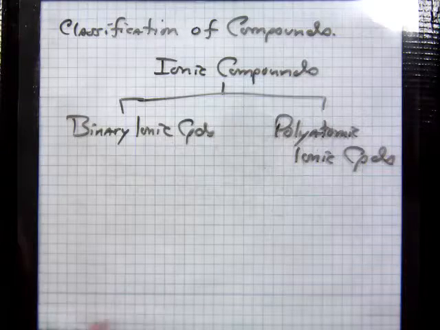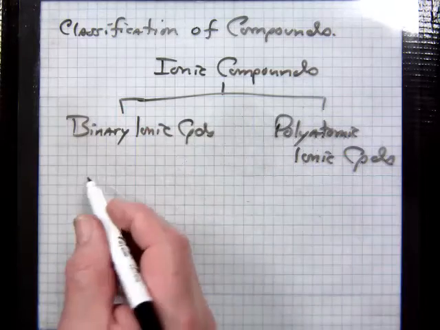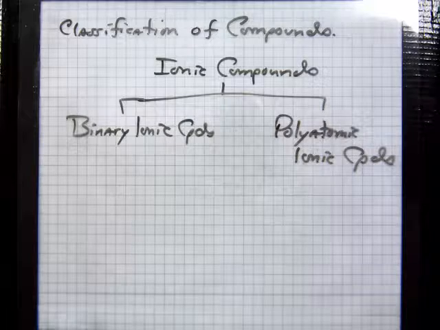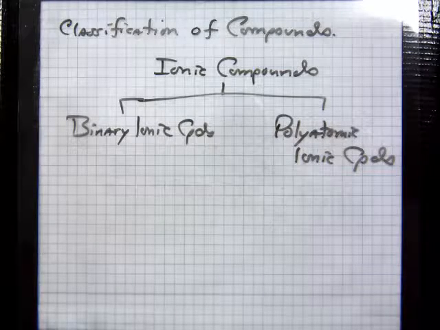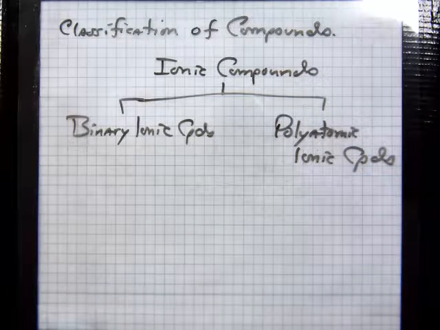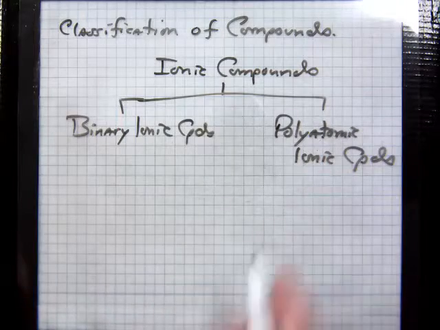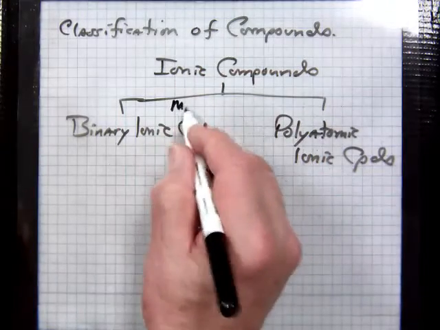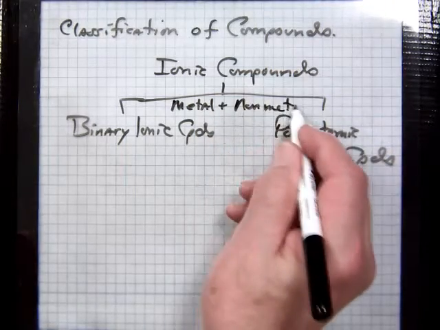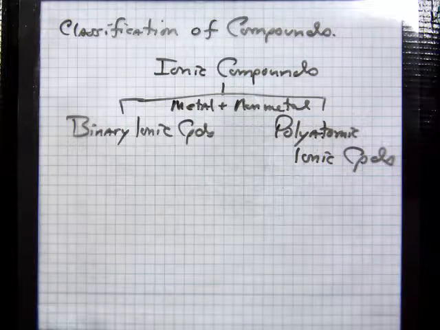Now, to write these, you need to understand what an ionic compound is in the first place. An ionic compound is a combination of a metal, something from the left of the chart, with something from the right, a non-metal. Polyions that are negatively charged are essentially the non-metallic part of the combination. So you might put in here a metal plus non-metal, where the negative polyion will be the non-metal.